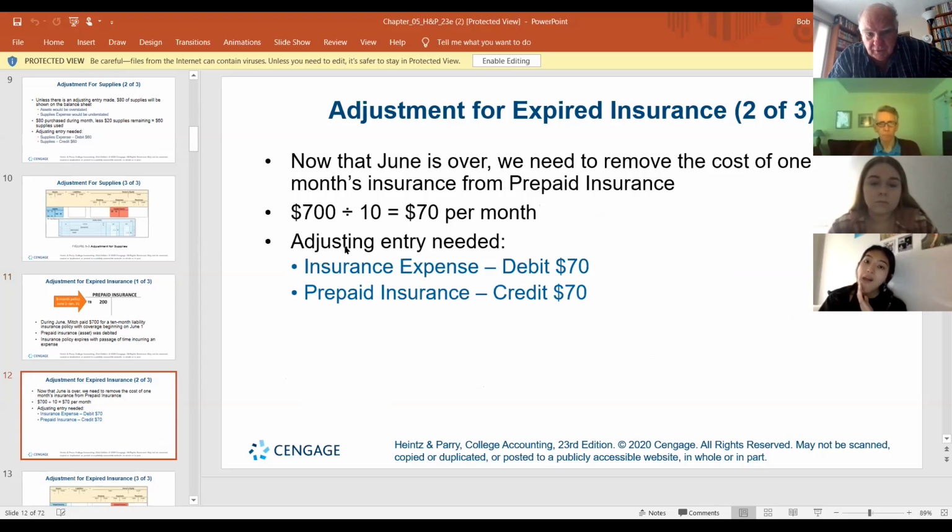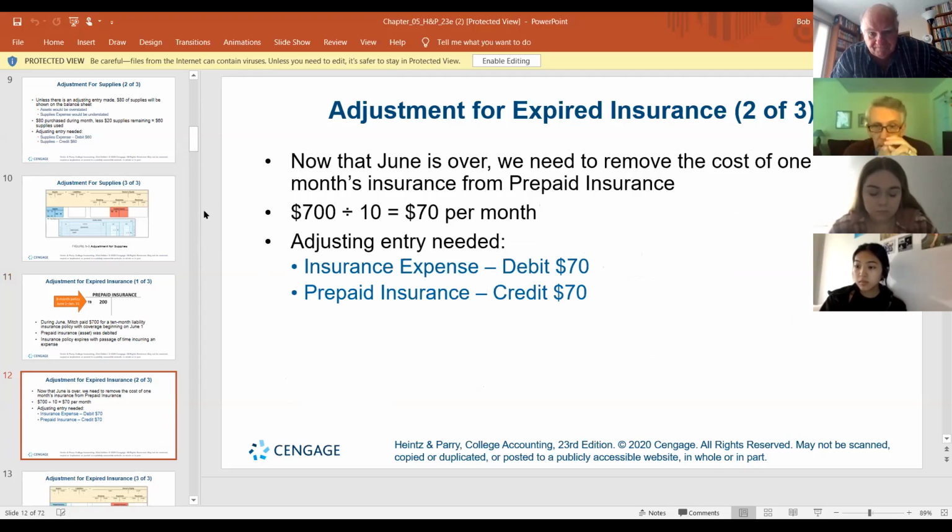Our journal entry, we will debit the expense and credit the asset. Your adjusting journal entries are, for the most part, a search for unrecorded expenses. That's what the adjusting journal entries are all about, for the most part.